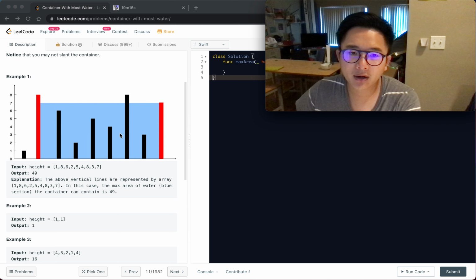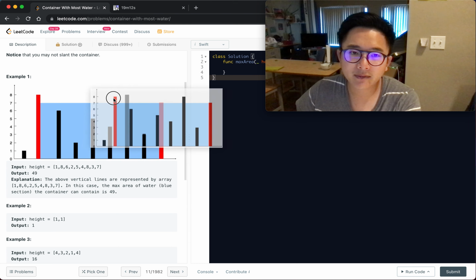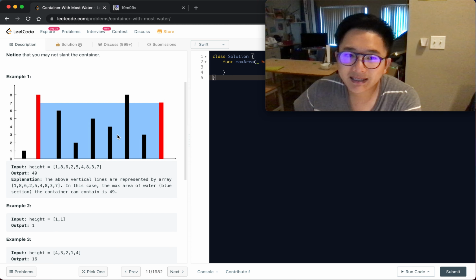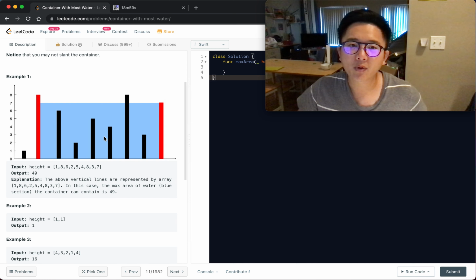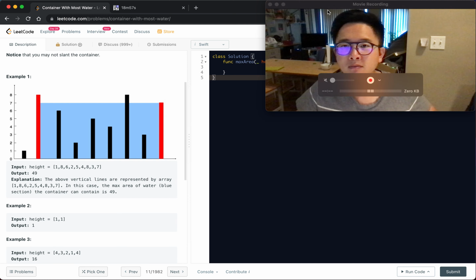So this part is 18, this one is 40. So at least our algorithm works partially in this case, because by shrinking the shorter stick, we are able to retrieve a bigger area. So okay, let's see.